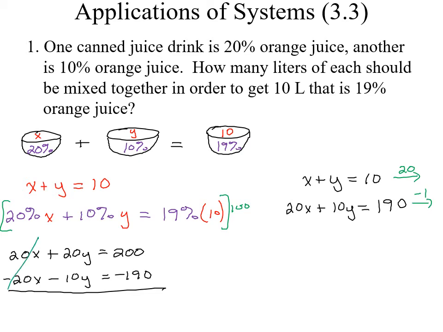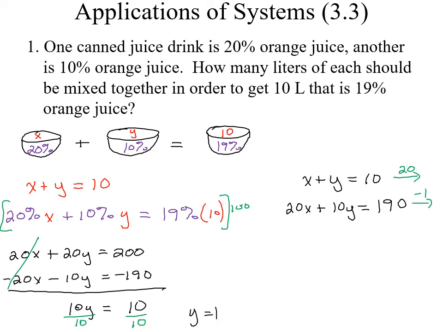My x's cancel. And so I'll end up with 10y equals 10. That's kind of nice. So if you divide by 10 on both sides, y was 1.